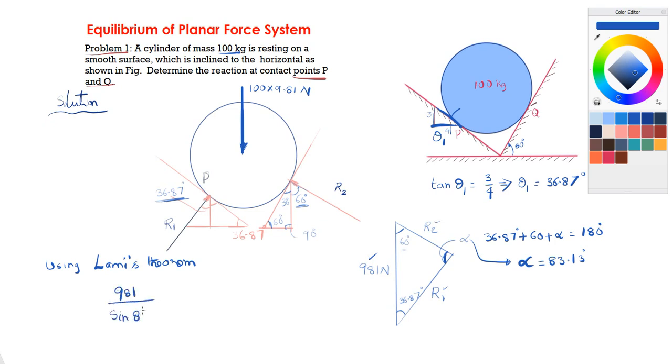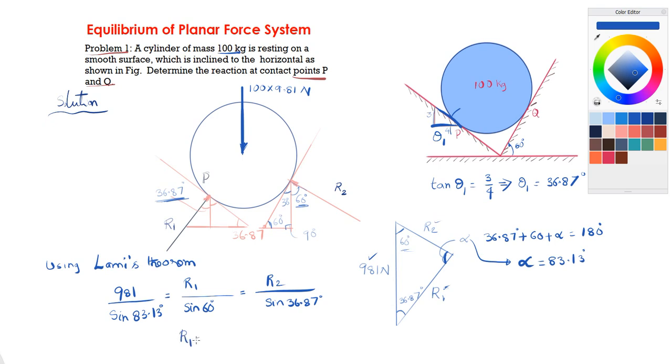Alpha is now 83.13 degrees, is equal to R1 divided by sine of the angle opposite R1, which is 60, so sine 60, equal to R2 divided by, for R2 the opposite angle is 36.87, so sine 36.87 degrees. Now there are two unknowns, R1 and R2, so we can easily calculate them.